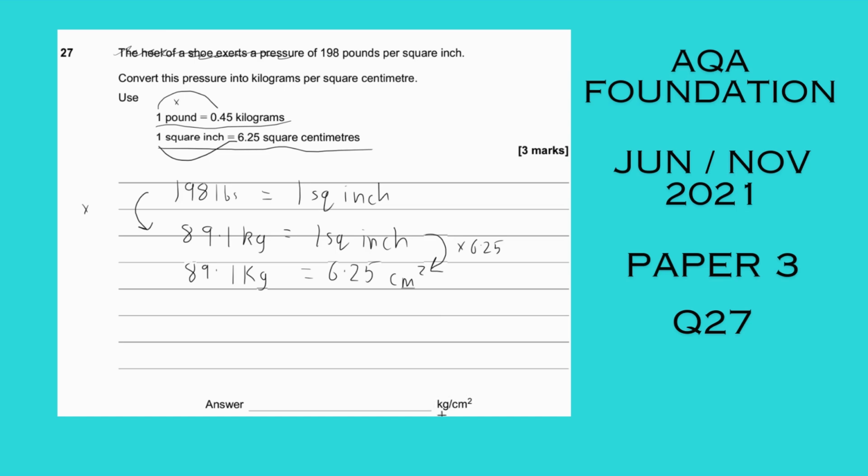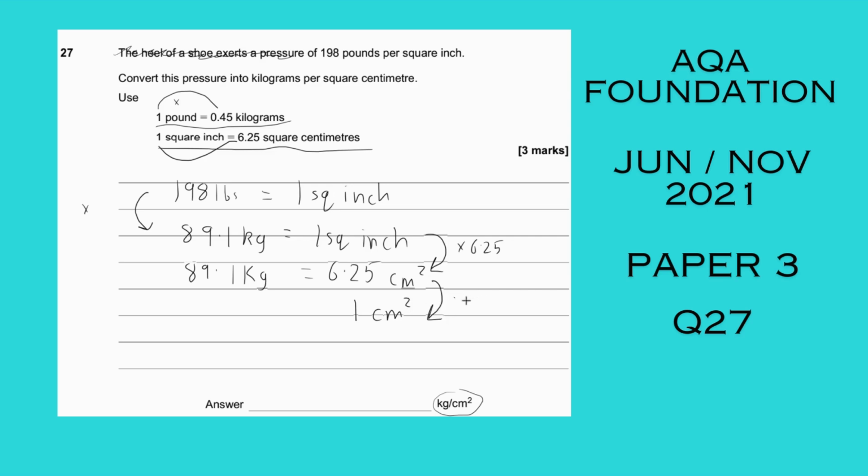But now check the answer. It wants kilograms per centimeters squared. So it's ultimately wanting 1. How many kilograms for 1 centimeters squared?